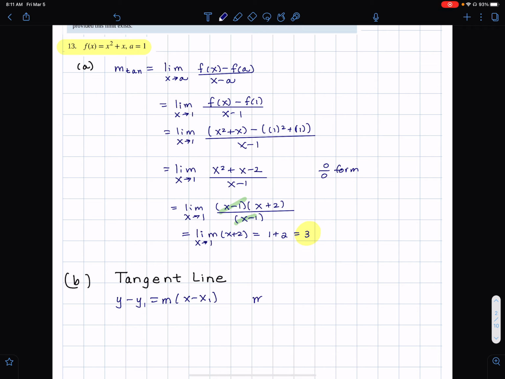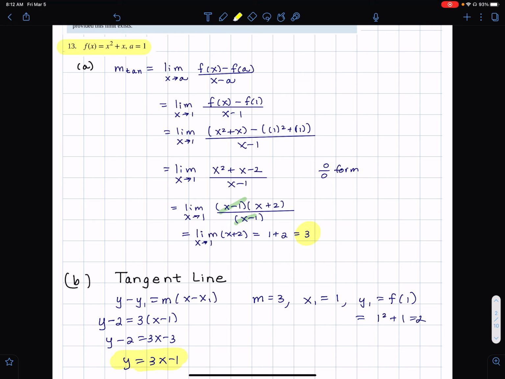We've already proclaimed that m is equal to 3. x1 is this value for a, which is 1. y1 should be f at a, so f of 1, which is 1 squared plus 1, which is 2. So putting all these things in here, we have y minus 2 equals 3 times x minus 1. So y minus 2 equals 3x minus 3. So y equals 3x minus 1.